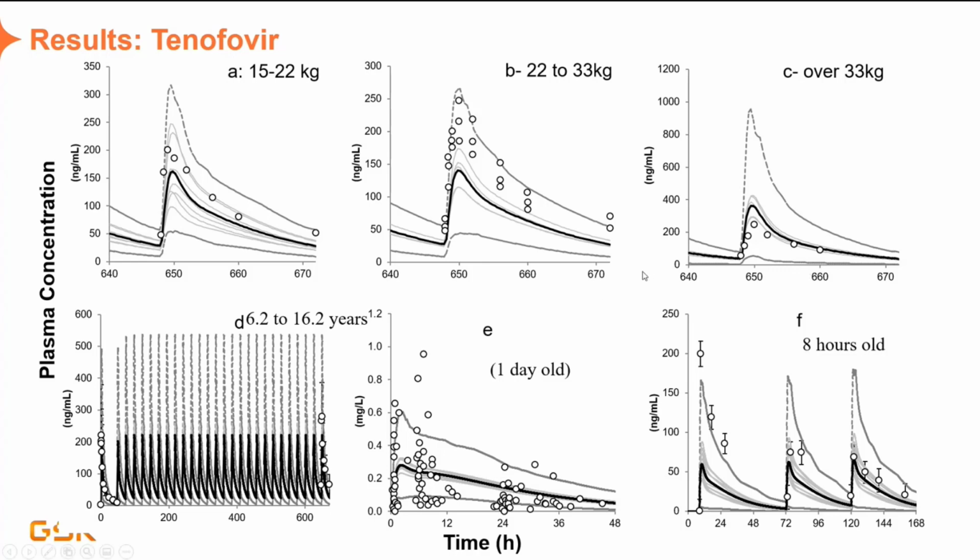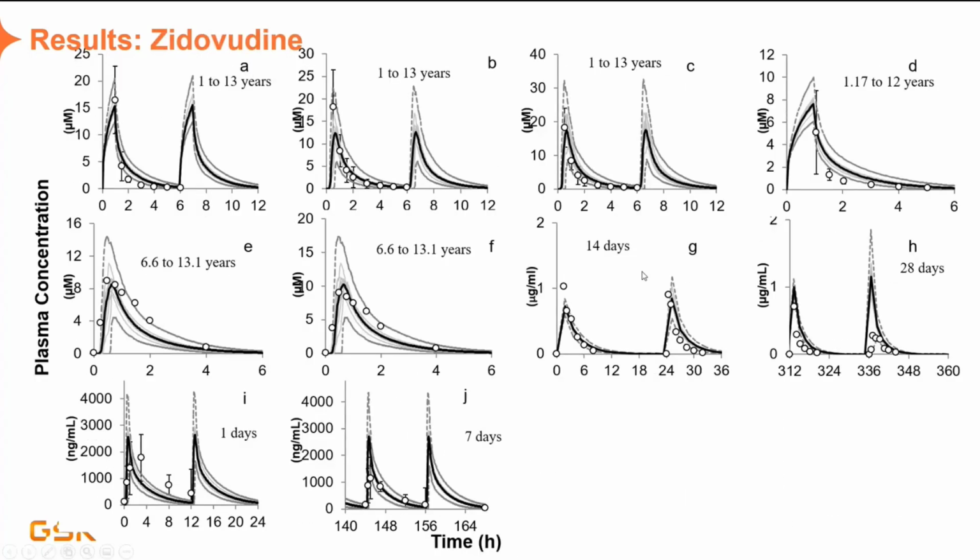Okay, the next example is, I think, our last one, and it's zidovudine. We have children from wider age groups. We have IV and oral studies, which is again great. And we have the younger ones: the neonates, 7-day-olds, 14-day-olds, 28-day-olds, quite a lot of data, which is really great.